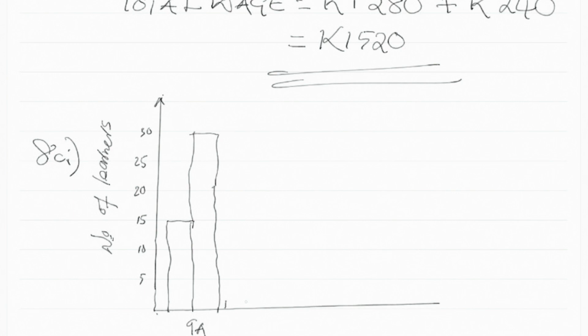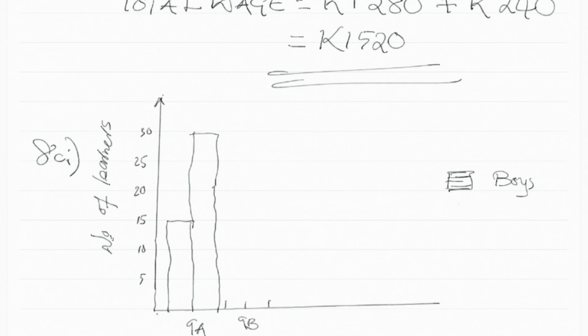So let's go for 9B. They are saying it should start from there. Then there we have 9B, like that. So there is a key. It is important that you follow the key that has been given. The key is showing that this bar, which is shaded like this, is for boys.